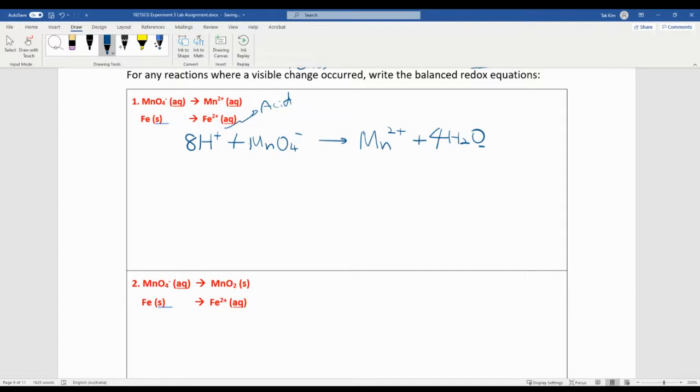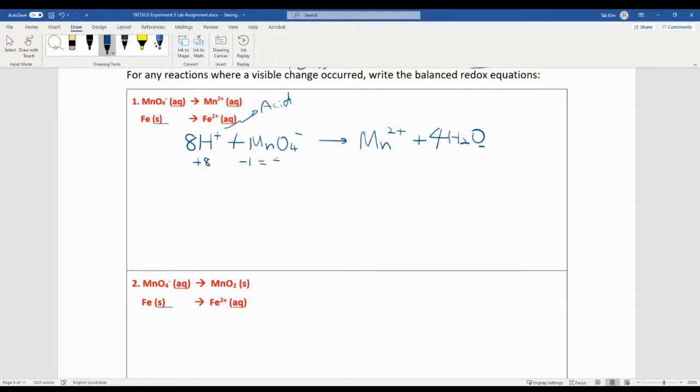Now, lastly, you need to balance the charges on the reactants and product. So let's have a look at overall charge over here. So charge over here, it has got a positive 1 charge, and then you have 8 of them. So charge over here should be plus 8, and then charge over here from permanganate is only minus 1.